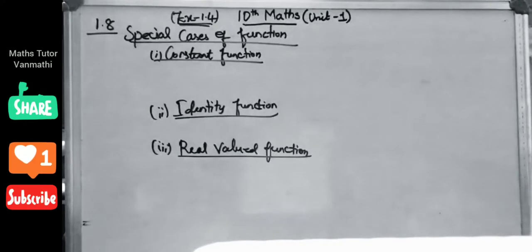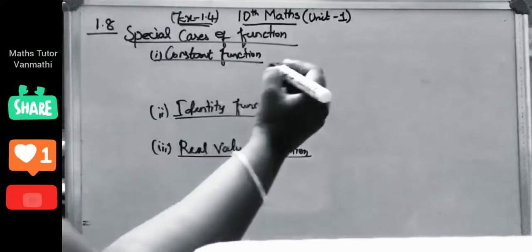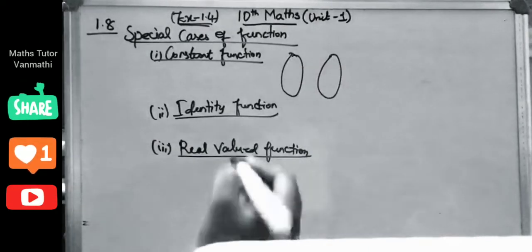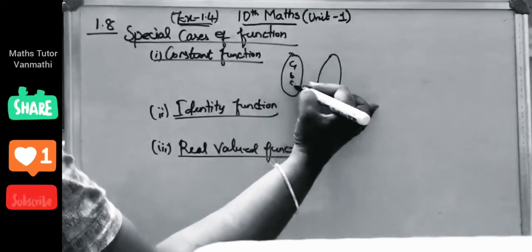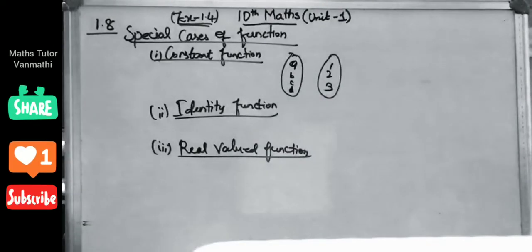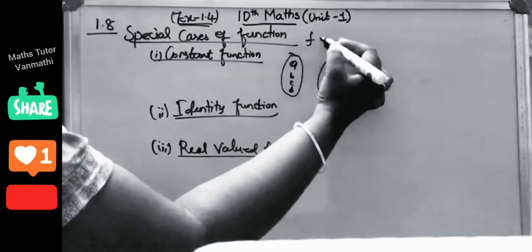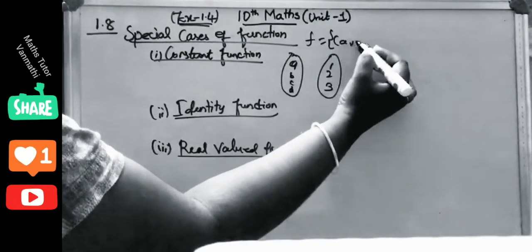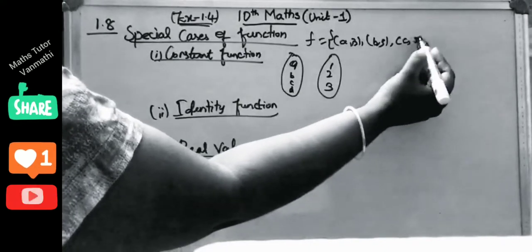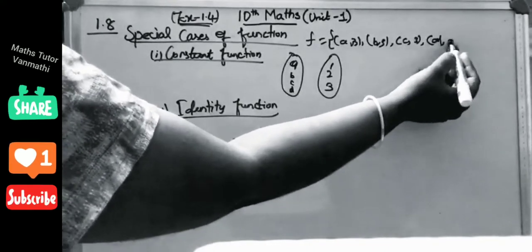For the constant function, we can represent it pictorially in an arrow diagram, taking set A as A, B, C, D and set B as 1, 2 and 3. The function given is A comma 3, B comma 3, C comma 3, D comma 3.